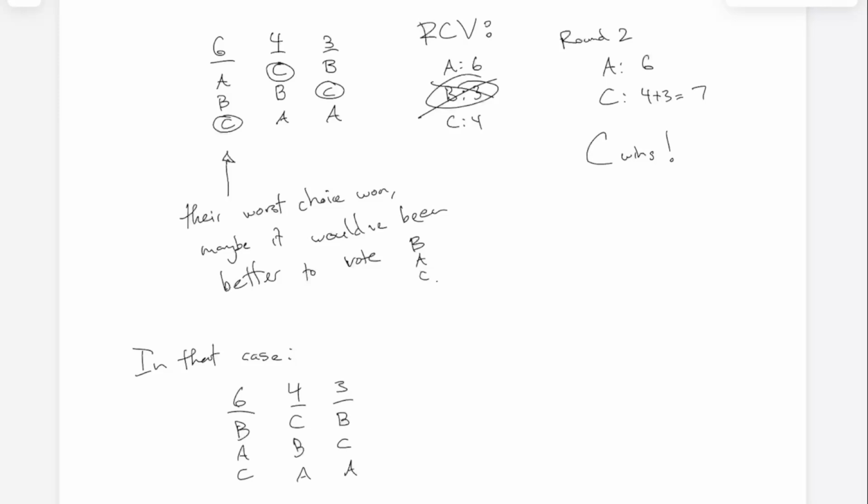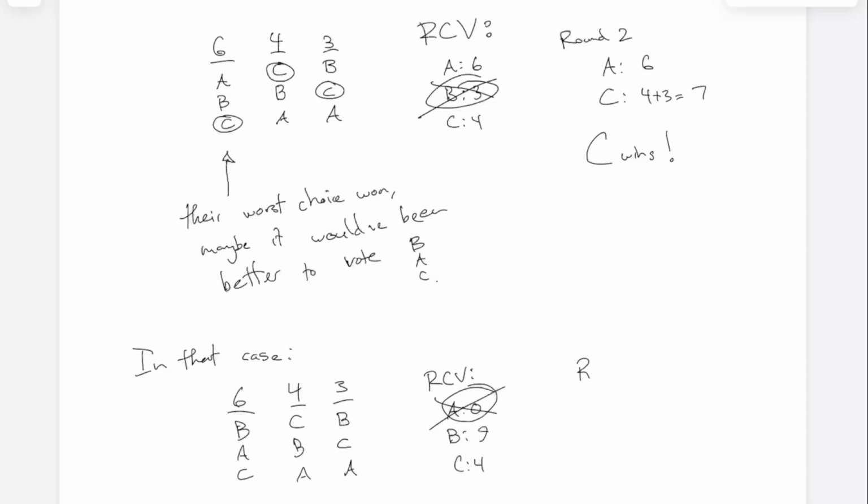We're going to do the ranked choice again. This time A has 0 votes in the top position, B has 6 and 3 is 9, and C has 4. And so A is eliminated first. You can see things are going differently than they did the first time around.